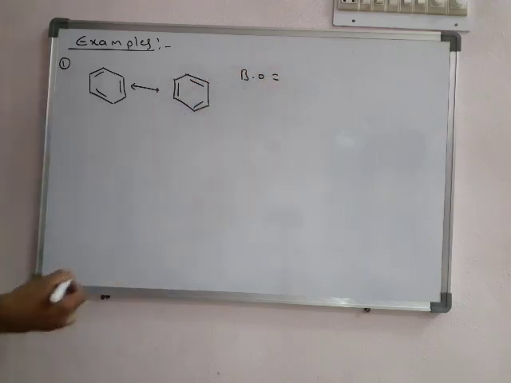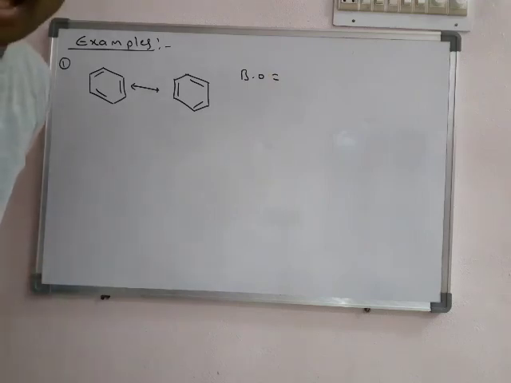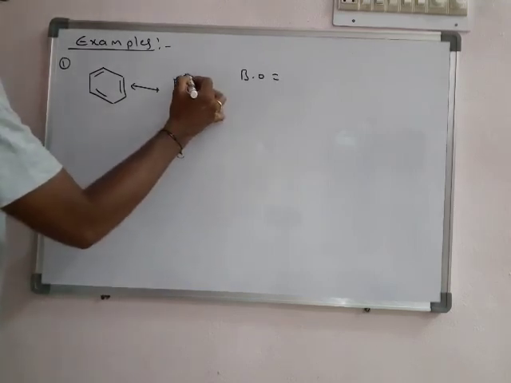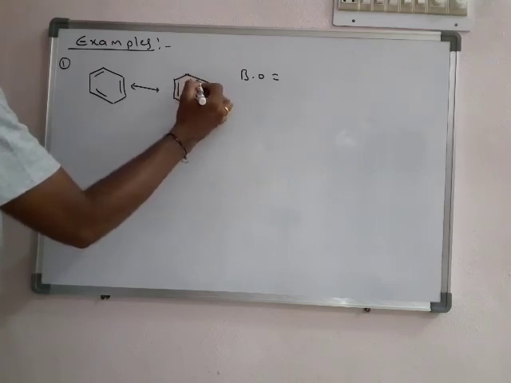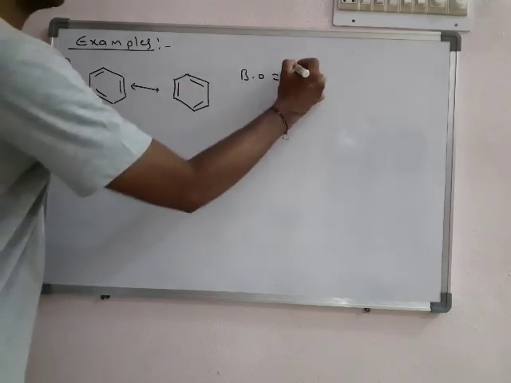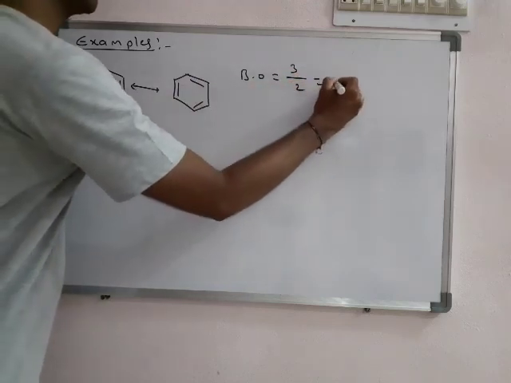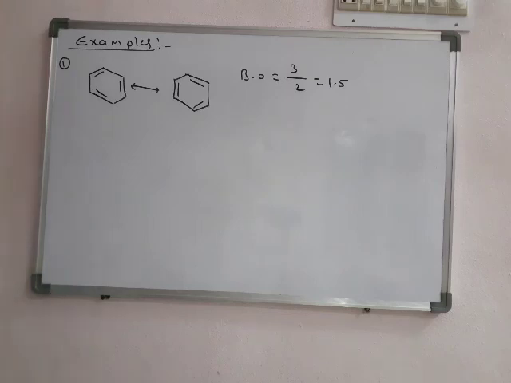Bond order is the total number of bonds between the atoms. Total number of bonds between the two carbon atoms: take one carbon, this carbon makes 1, 2, 3, total 3 bonds. Total how many resonance structures? 2 resonance structures. So the final bond order is treated as 1.5. Next, this is about carbon.